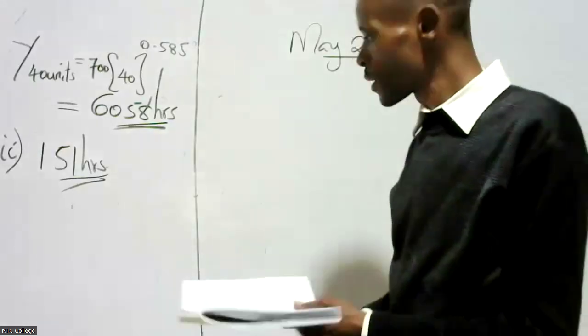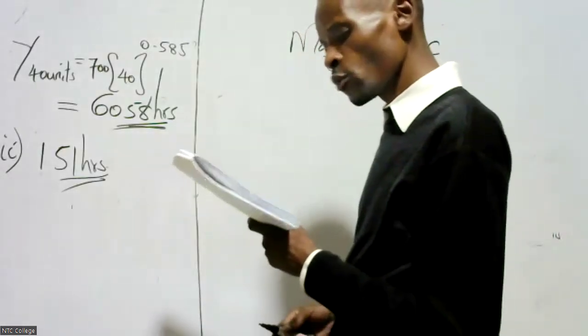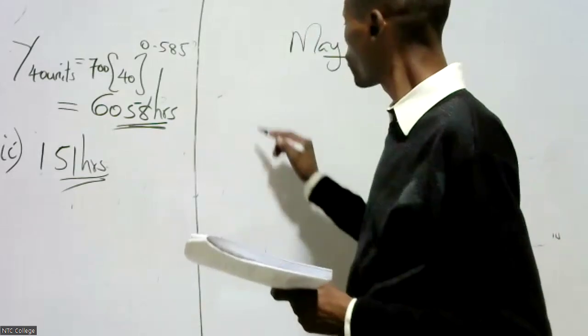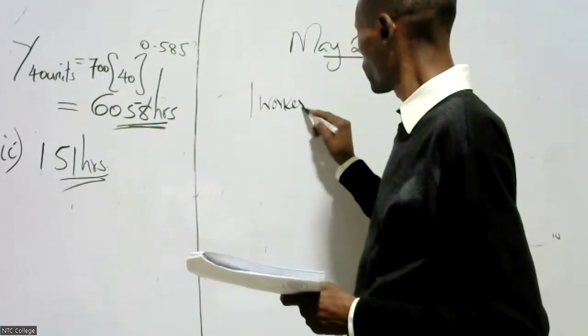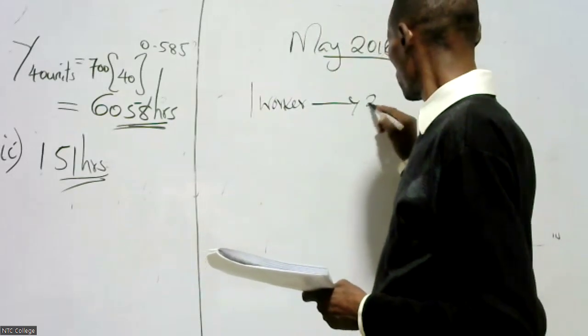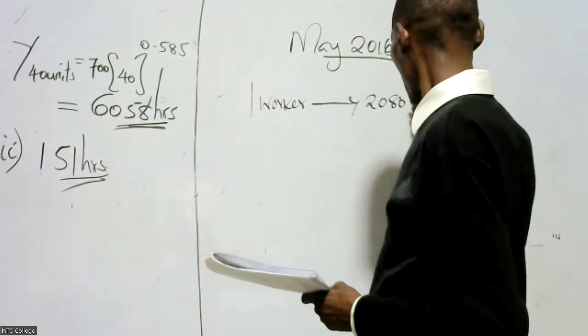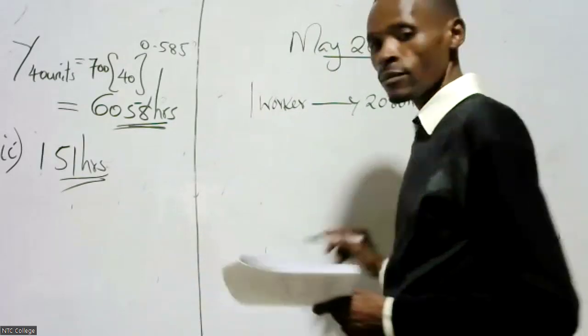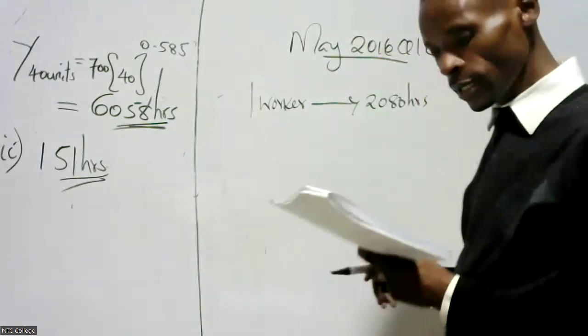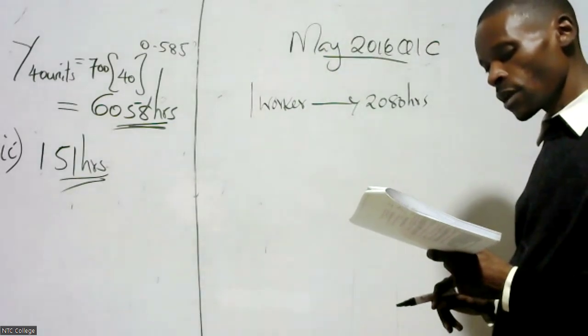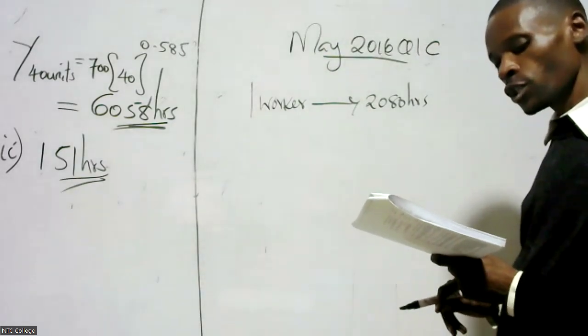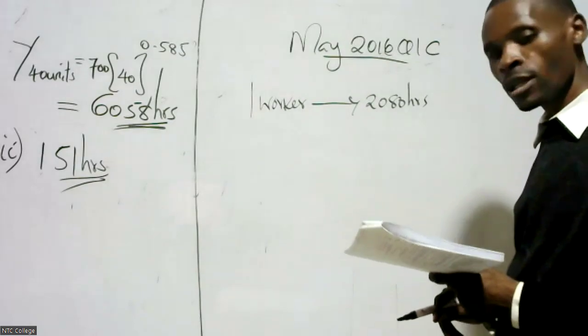So Carol here, we are told, assuming that a worker, meaning one worker, works for 28 hours. How many workers should be assigned to this contract to complete it in a year?